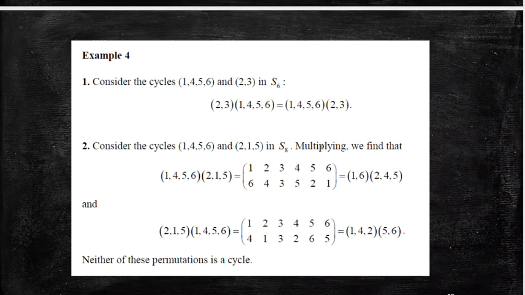Number 2, consider the cycle (1 4 5 6) and also the cycle (2 1 5) in symmetric group of degree 8. Then we multiply. We find that these are actually joint cycles because we have 5 here and 5 here. Multiplying (1 4 5 6) with (2 1 5), written in matrix notation, we obtain 1 to 5, and then 5 goes to 6.